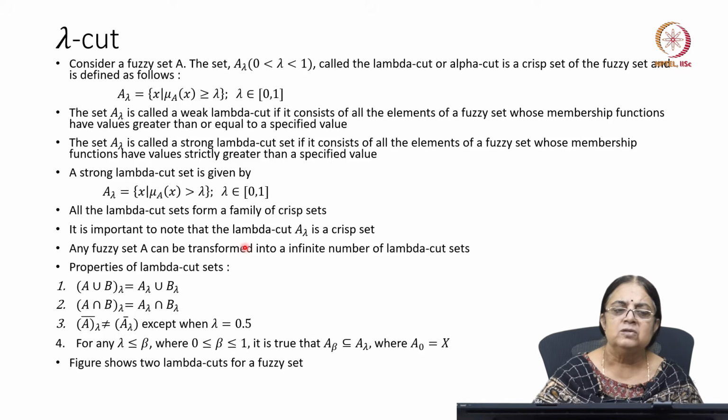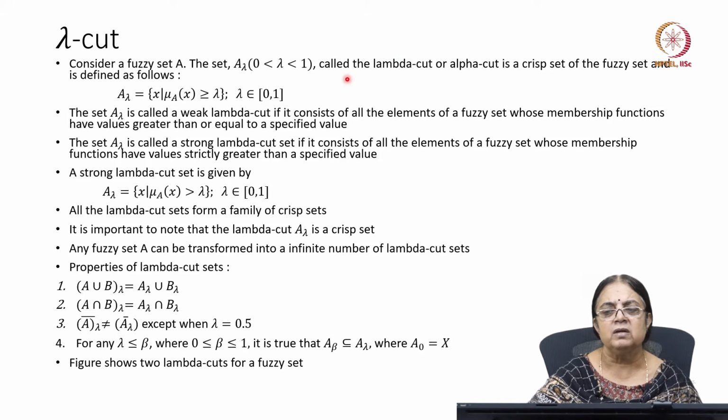Okay, so what you are taking is you are taking the fuzzy set A and you are converting it to a set A lambda. Okay, and this A lambda is called the lambda cut or the alpha cut. You could also use alpha here instead of lambda, and this is a crisp set. Okay, it's a crisp set which is derived from the fuzzy set basically.